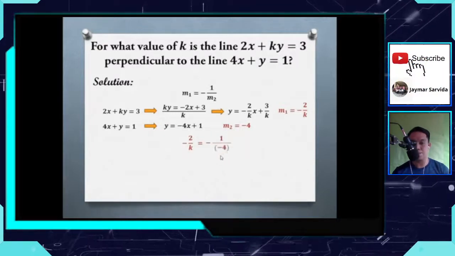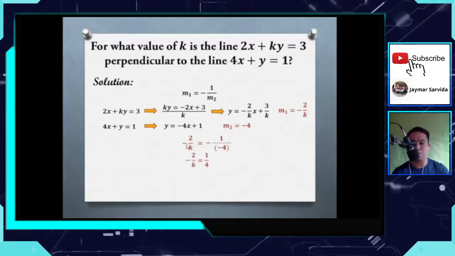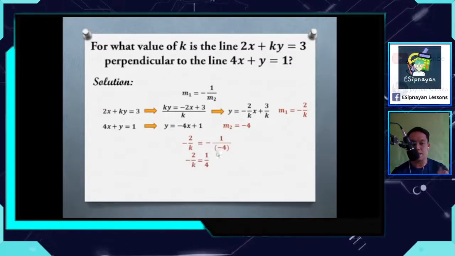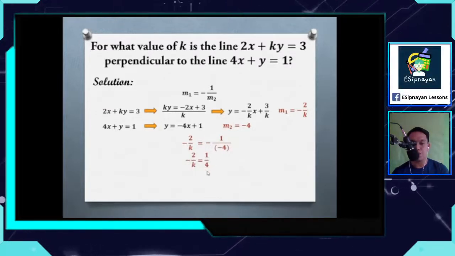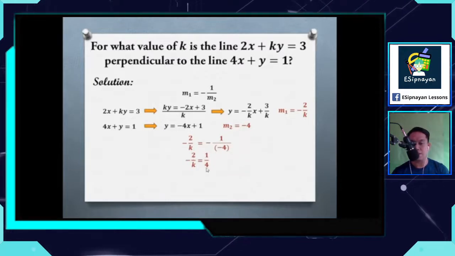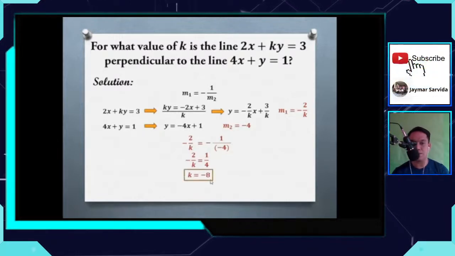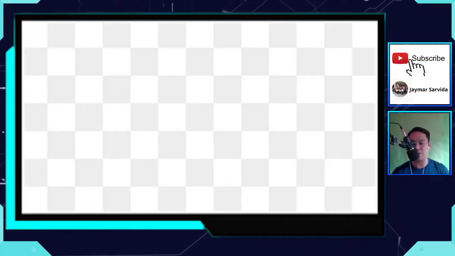Then, simplify it further. So, we will cross multiply. That will become negative 2 times 4 equals k times 1, or k equals negative 8. So the value of k in this problem is negative 8.